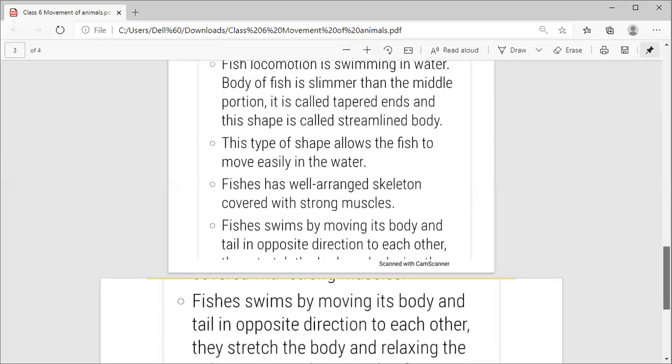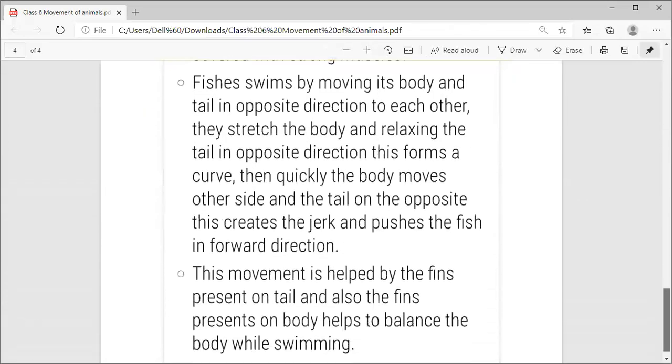A few more adaptations of fishes are there. Many of you are familiar with it. Fishes swim by moving their body and tail in the opposite direction to each other. Whenever the fish has to change direction, fins help the fish to change direction or in the movement.